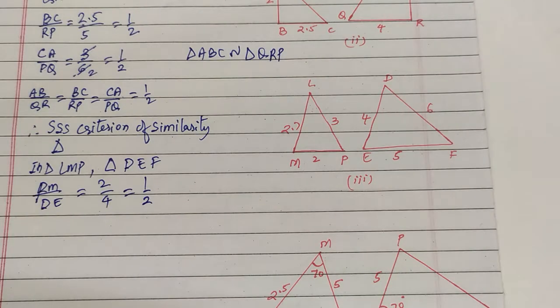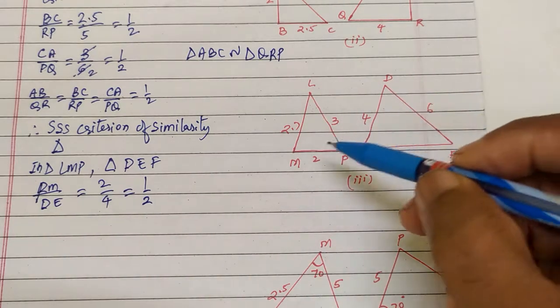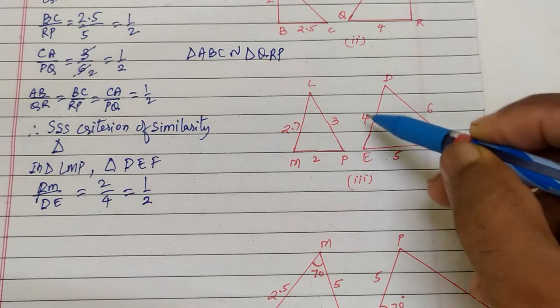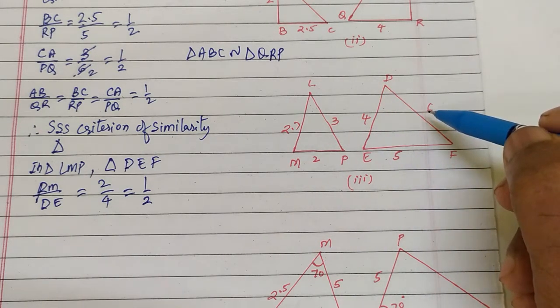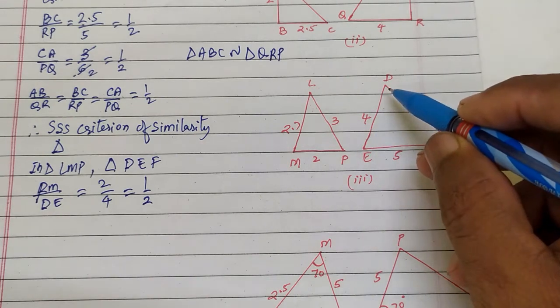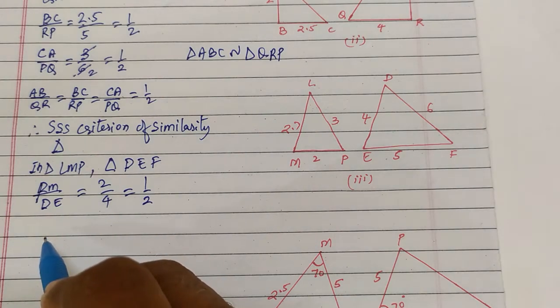No, it is not possible. Here after 2 there is 3. Here after 4 there is no 6. It can come like that. Okay, we'll try E, D, and F. Let us see.